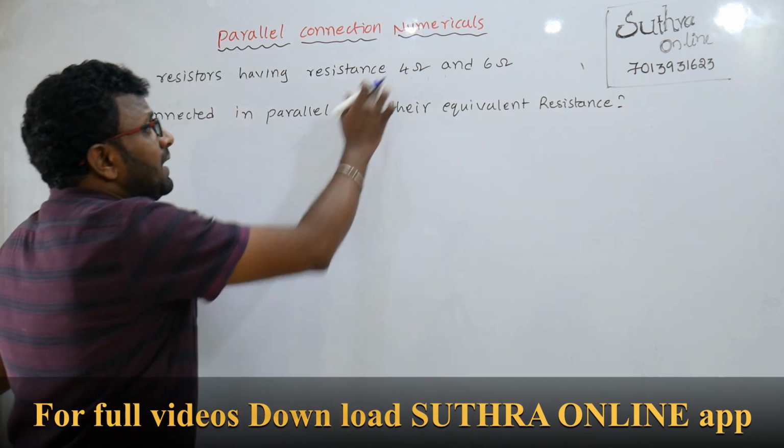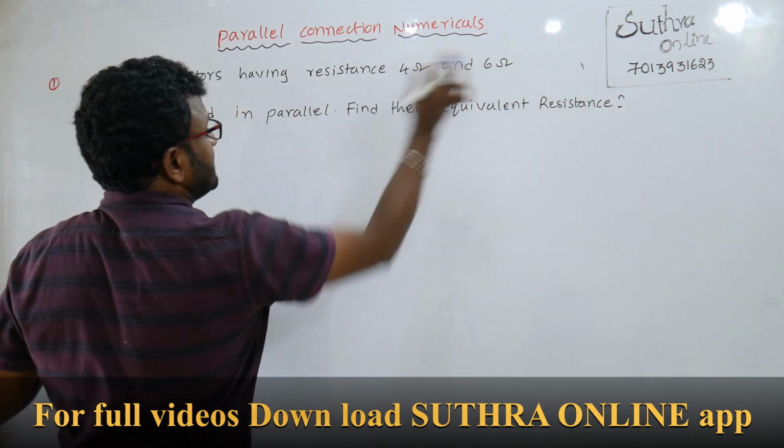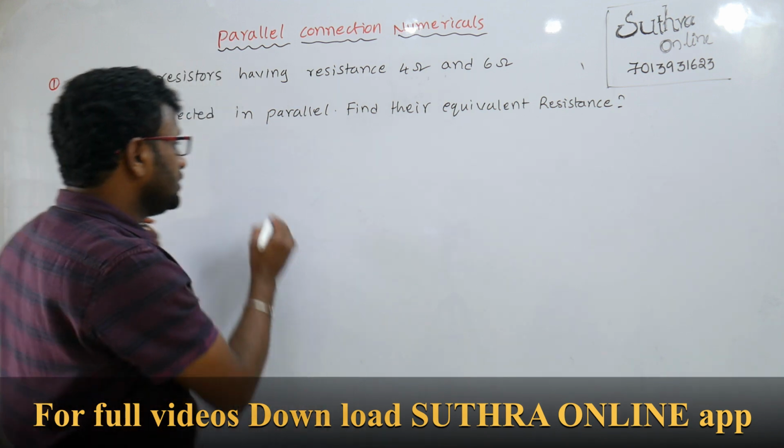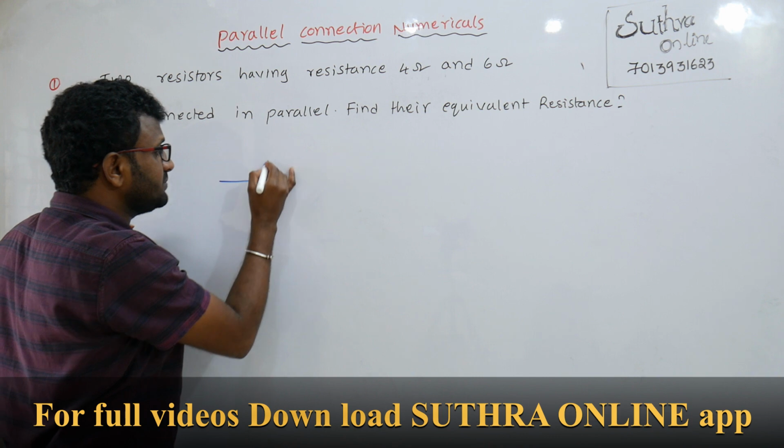So here 4 ohms and 6 ohms, these two resistances are connected in different paths. So how will that circuit diagram look, see here.